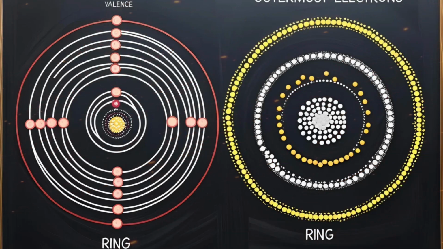Selenium and tellurium are metalloids, exhibiting properties between metals and nonmetals. Selenium is used in photocells and electronics, and in small amounts it is essential for human health. Tellurium is less common but valuable in metallurgy and solar panel technology.